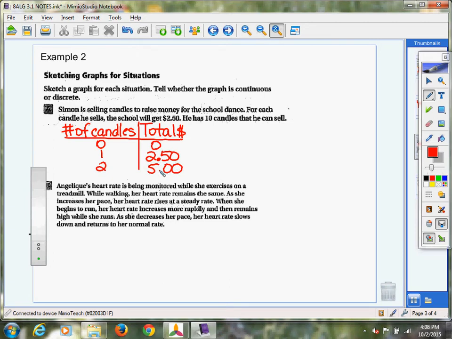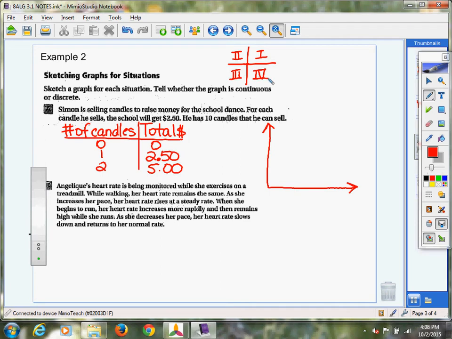So you can do that for all the numbers as long as you stop at 10 because he only has 10 candles. When you graph this out, this will be just a quadrant 1 graph. Quadrant 1 is just the upper right-hand corner of a graph. When you have all 4 quadrants, this is 1, 2, 3, and 4.